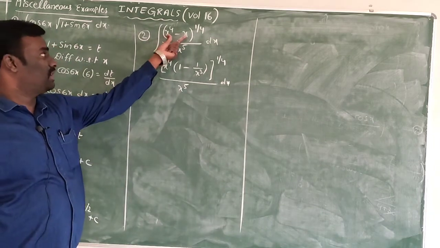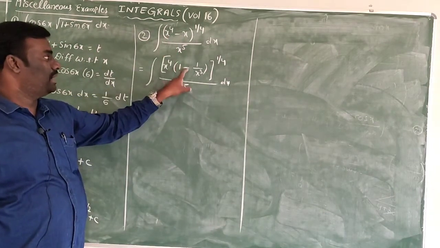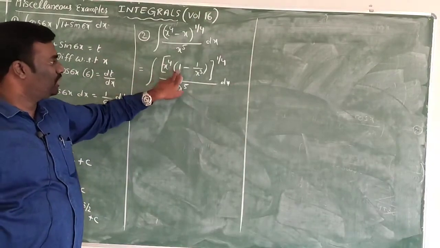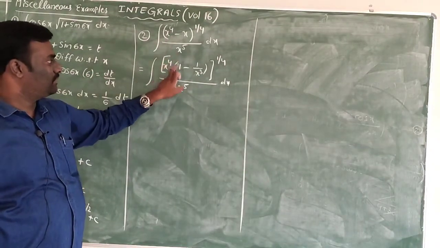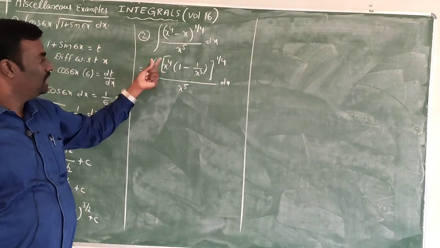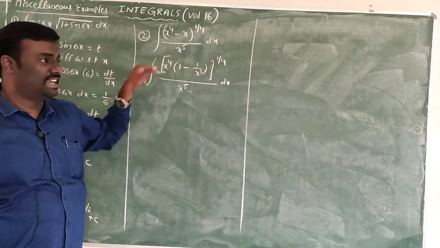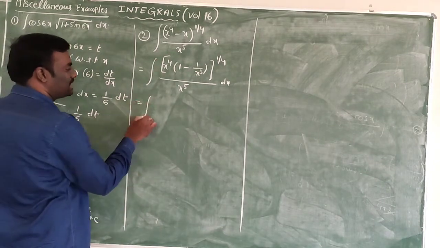If you take x power 4 common in this, what is remaining? 1 minus 1 by x cube. If you have any doubt, multiply x power 4 into 1, x power 4, x power 4 into 1 by x cube, x. If this value comes outside of that bracket, 4 and 4 get cancelled. Now what is remaining? x is remaining.